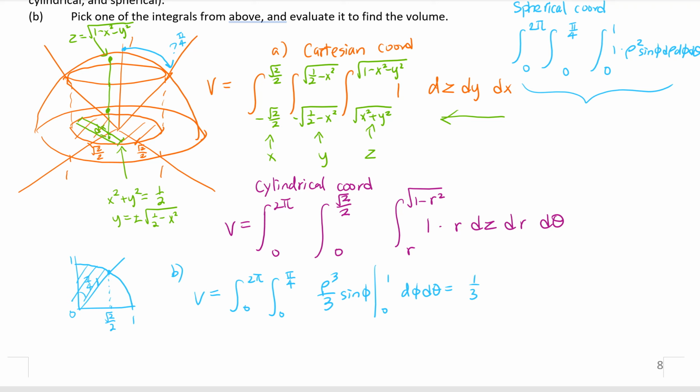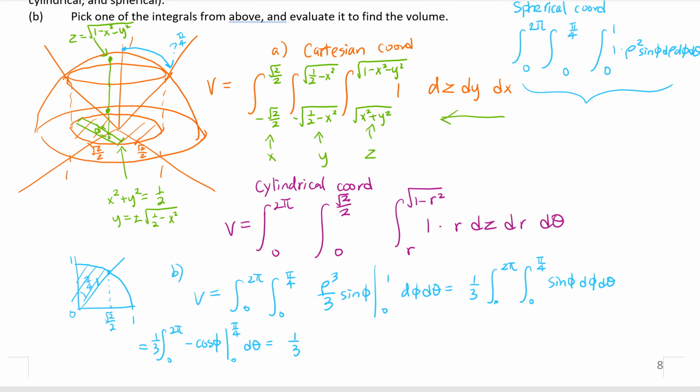So we get 1/3. We can move it in front. And then the integral of sine phi. Okay, what's the integral of sine phi? That is negative cosine phi, right? Evaluate from 0 to pi over 4 d theta.